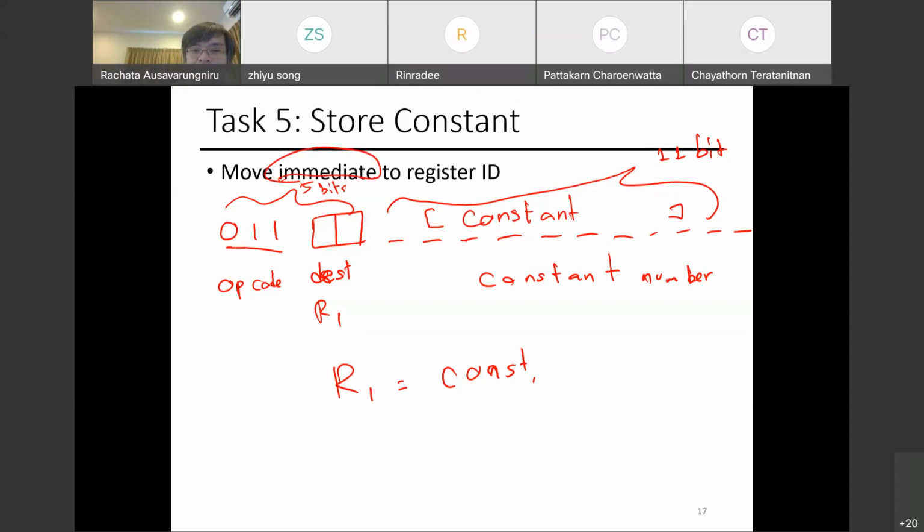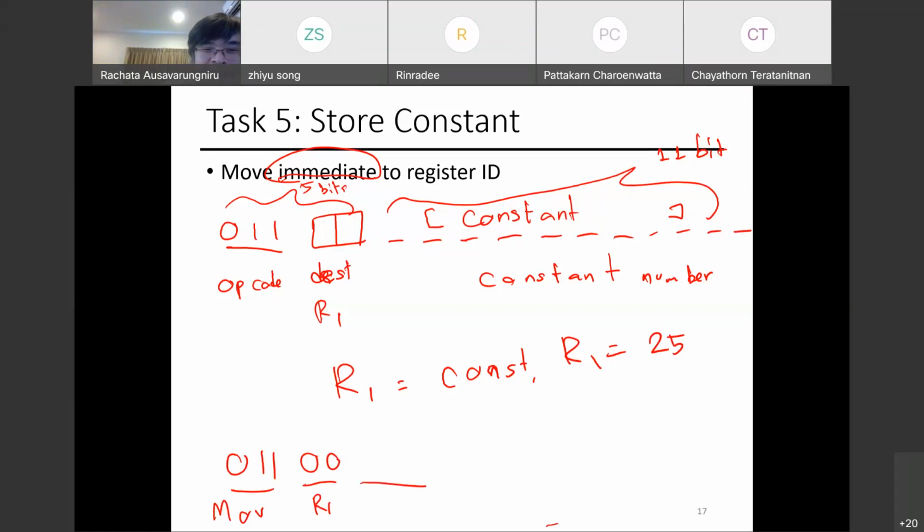All right. So let's say I want to do R1 equals 25, right? R1 equals 25. What would be the bit pattern for this instruction? 0, 1, 1, right? So what's R1? 0, 0, R1. This is move. And what should be my constant here?